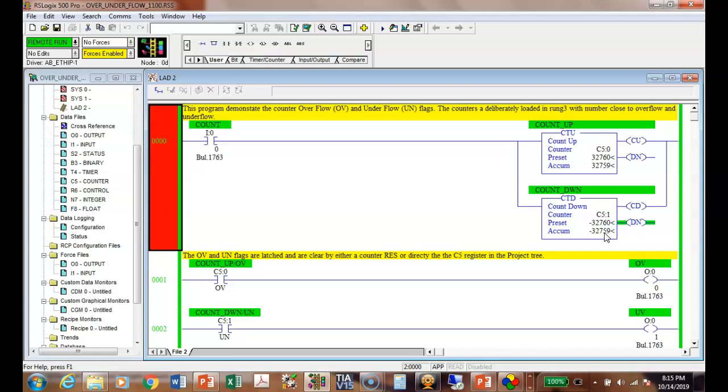And of course here I got to go what? This guy's weird. I got to go one past. So notice this one, the done bit starts off cleared. Here, the done bit starts off set. So that one will set when we match, when the preset and the accumulator match. And this right here will clear when we go one past. Can you say why they did that? Well, we just don't know, but they did it that way.